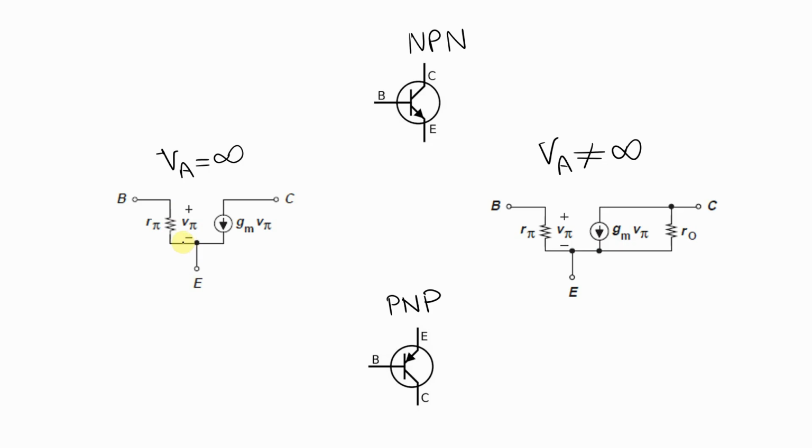The small signal model for PNP and NPN are just the same. Just notice this idea. If you place the plus sign of this V pi into the base, you have to draw the GM V pi current from collector to the emitter. That's the whole idea.